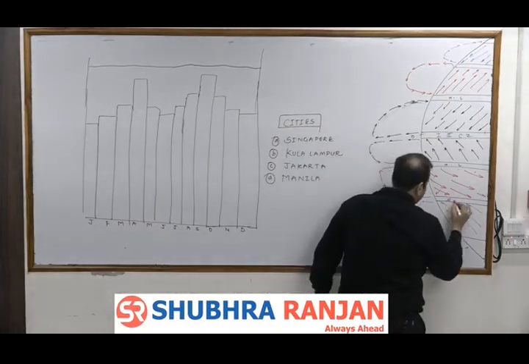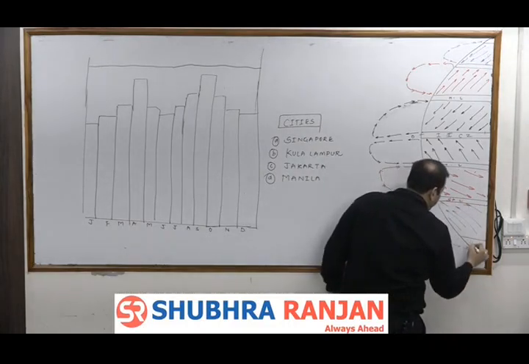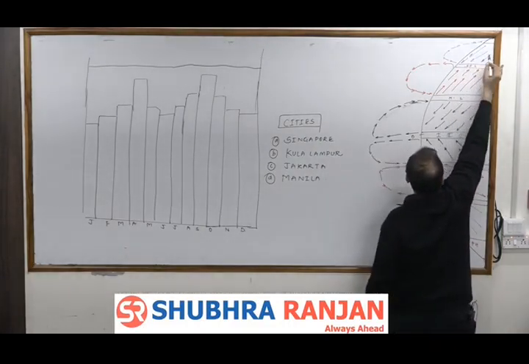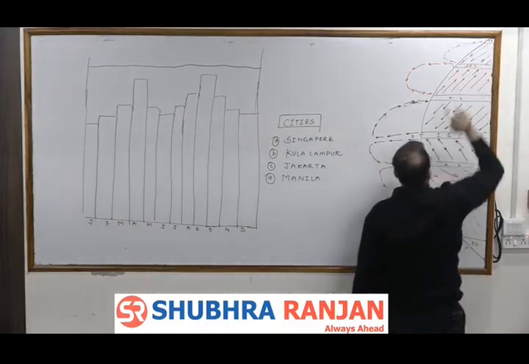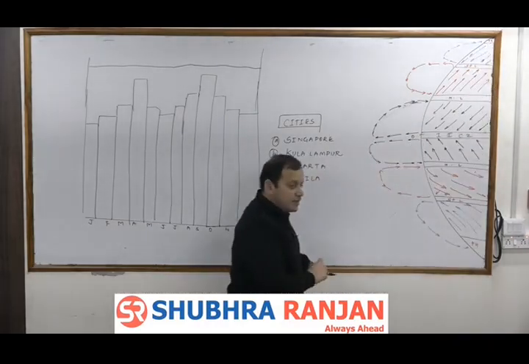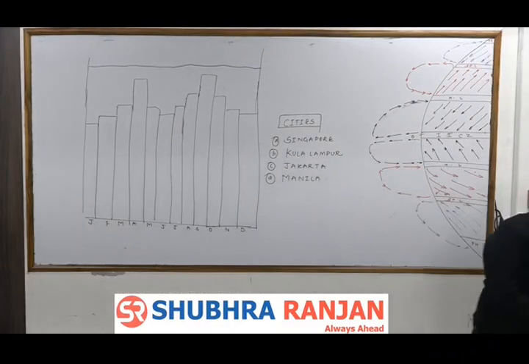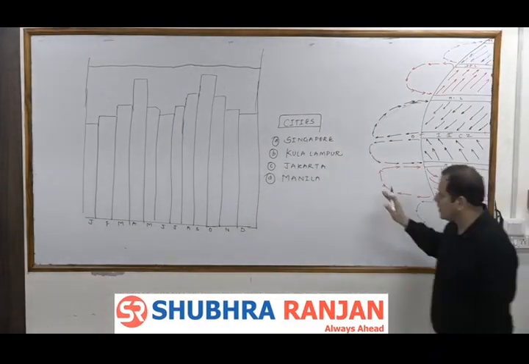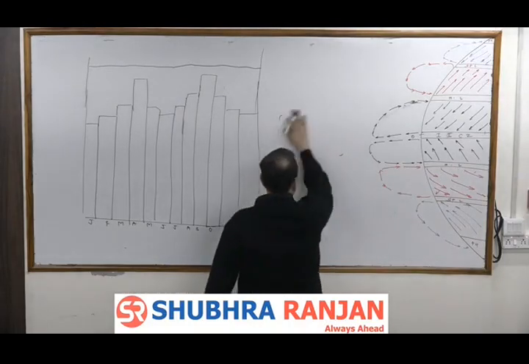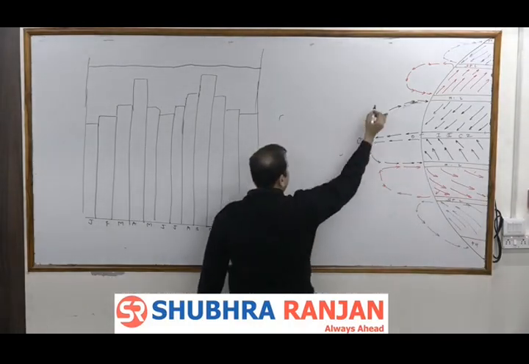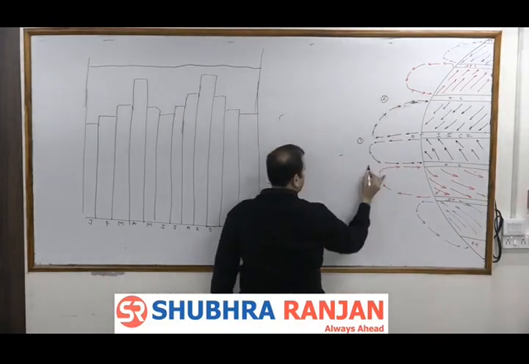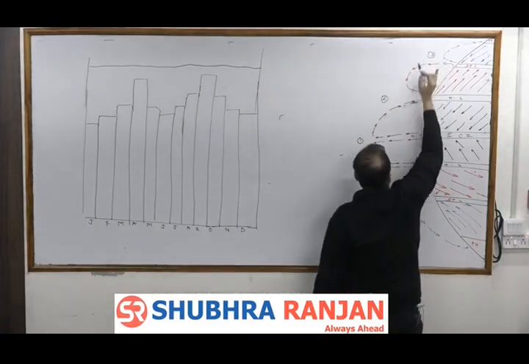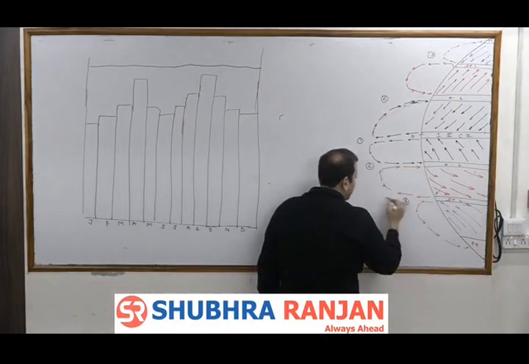So this is subpolar low, this is polar high, this is again subpolar low, this is polar high. Now you look in the upper atmosphere, forget about the ground conditions. In the upper atmosphere, I am identifying the three regions. Region 1, region 2, region 3.